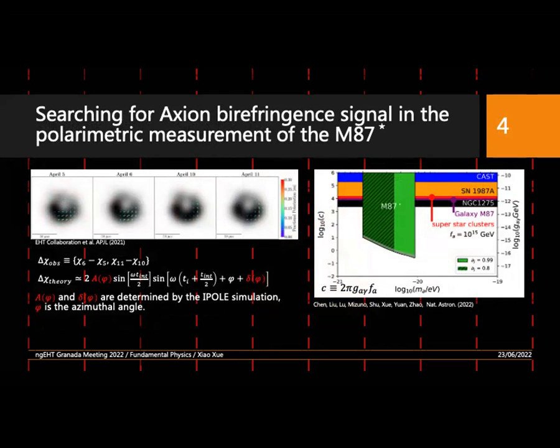And here you can see the result that was given by the EHT collaboration in 2021.